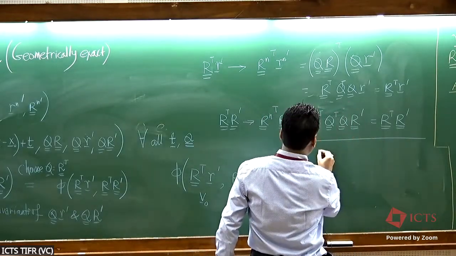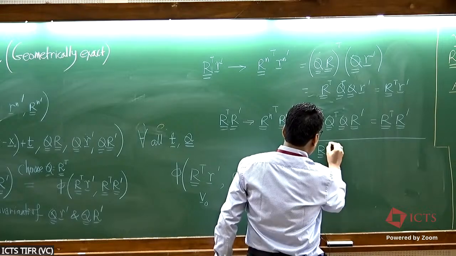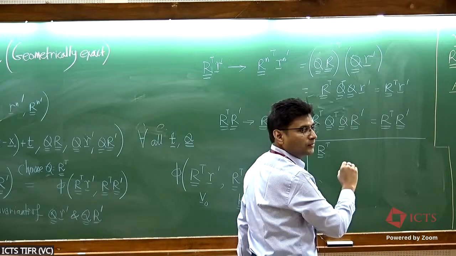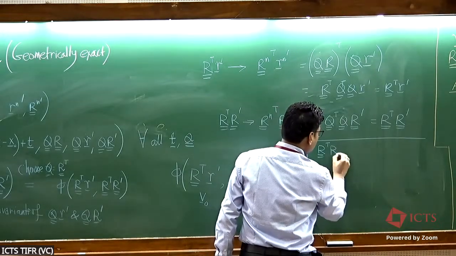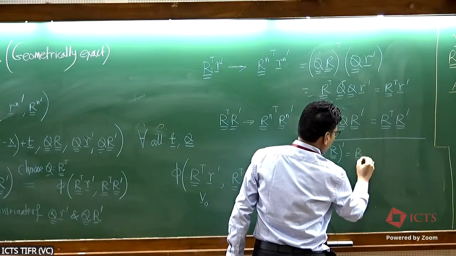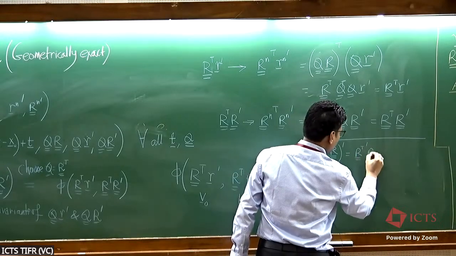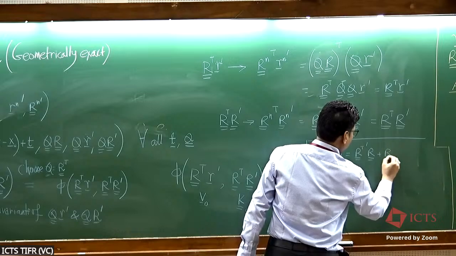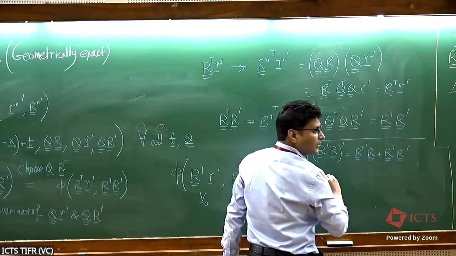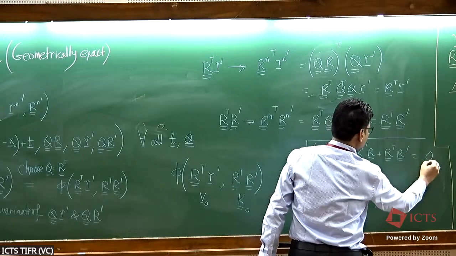I'm running out of time already, I think, or I have some time. 2-3 minutes, okay. So big R transpose big R, take the prime, you get big R transpose prime into big R plus big R transpose big R prime, which has to be equal to 0, right?